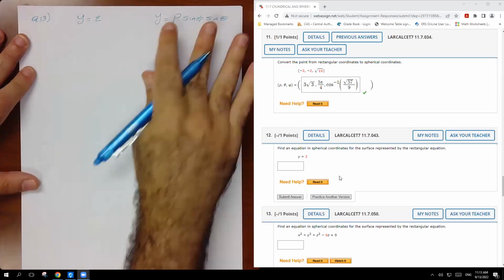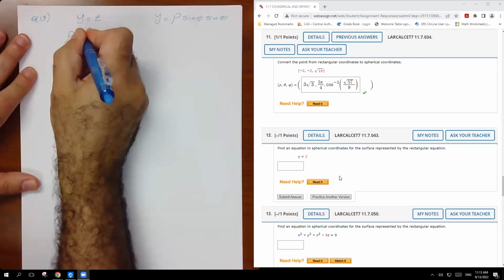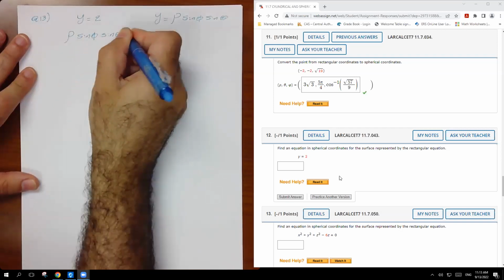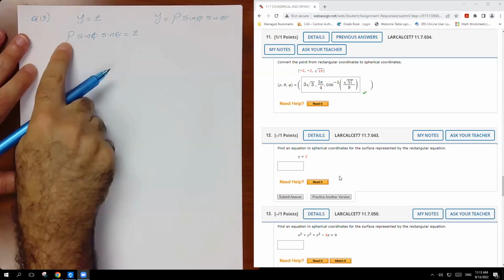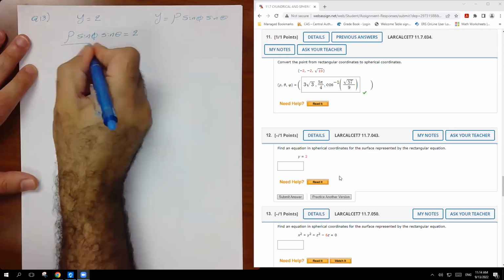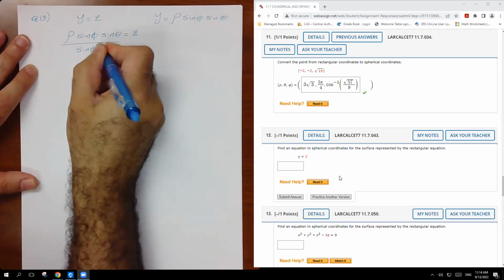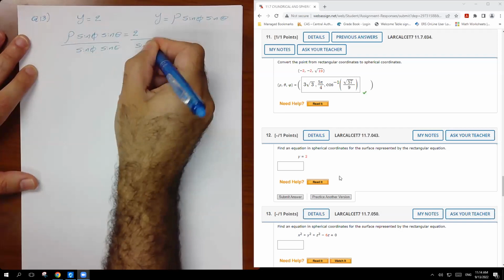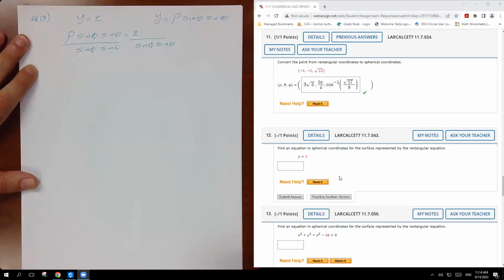I'm going to plug in these two here. So it's going to be rho sine phi sine theta, and it's going to be equal to 2. Now I need to simplify it and keep the rho by itself. So I'm going to divide both sides by sine phi sine theta. That's going to cancel here.